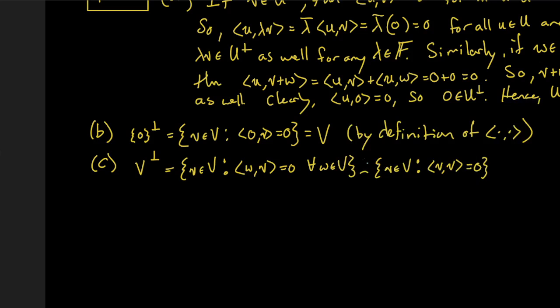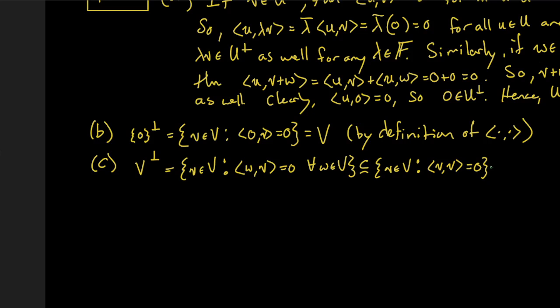That is, this is a more stringent requirement. The vectors v that have an inner product with themselves of 0 do not necessarily satisfy this automatically. I mean, they do actually because of a kind of obvious consequence. But what I'm trying to say is that you have to have more things have an inner product of 0 here than you do over here. This is just one particular case of what's going on there. So if this is satisfied, then maybe this is satisfied, but you need to check it against all the other w's in V. So certainly this set is contained in that one.